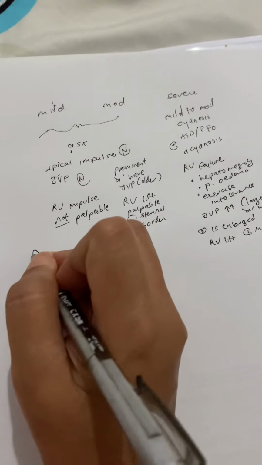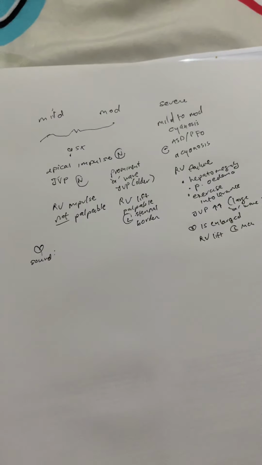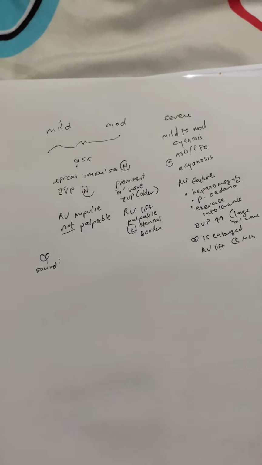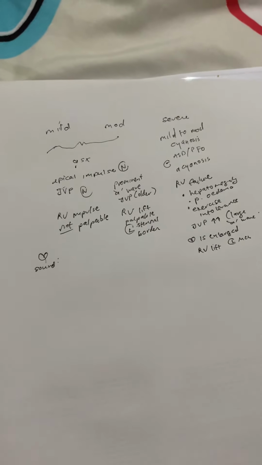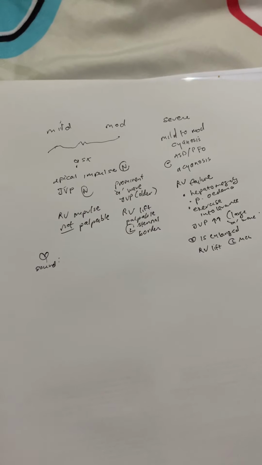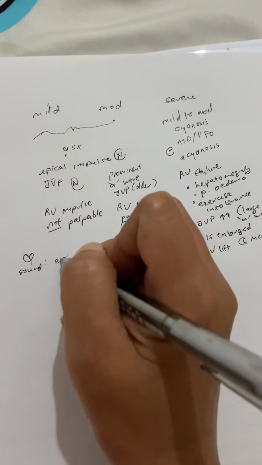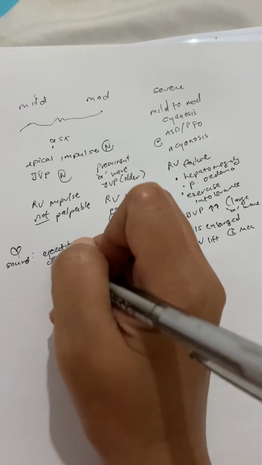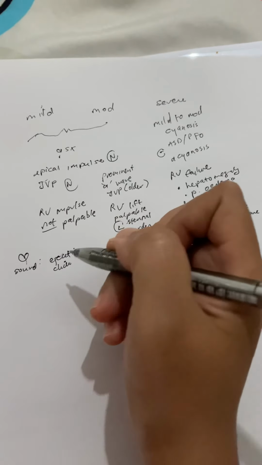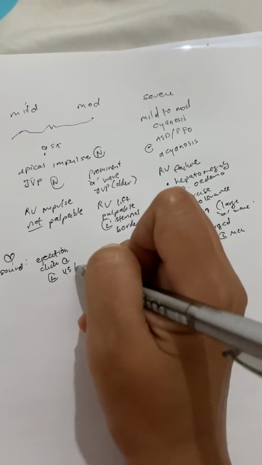So coming to the heart sound. For the heart sound, there will be a sharp ejection click after the first heart sound. This is the pulmonary ejection click, at the pulmonary area, which is the left upper sternal border.